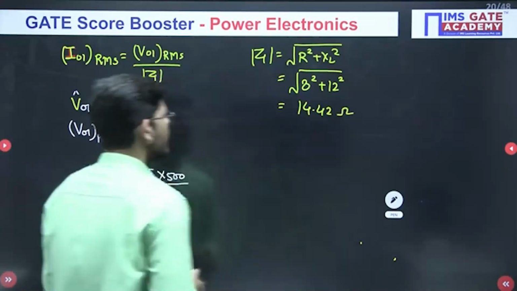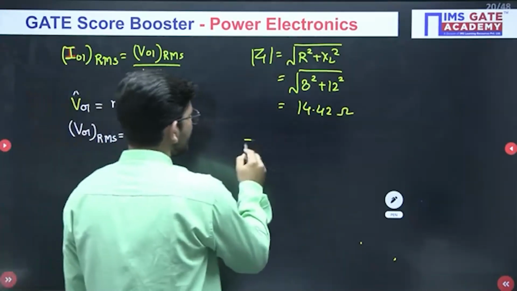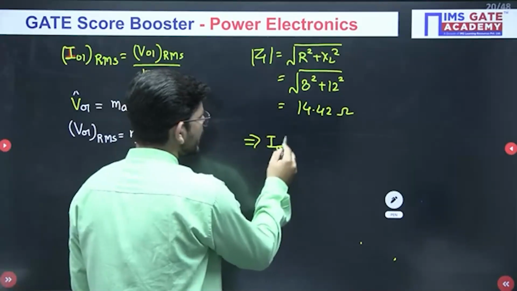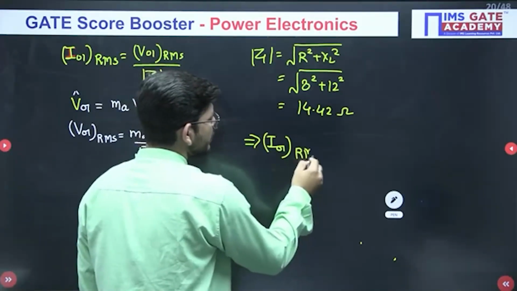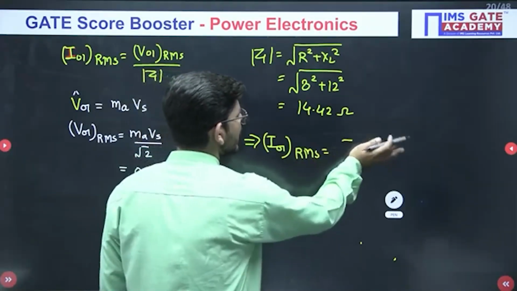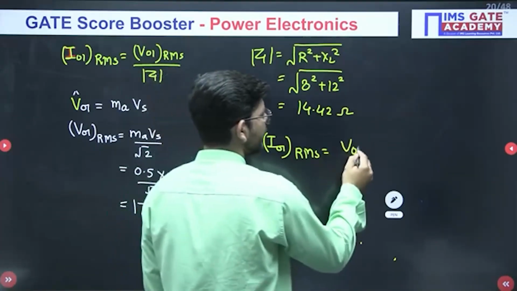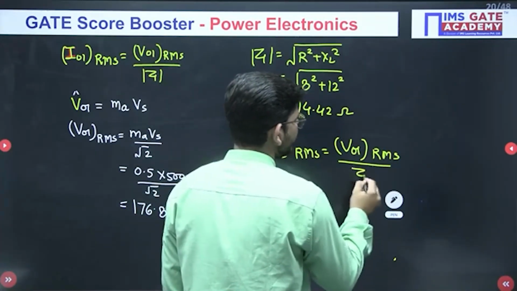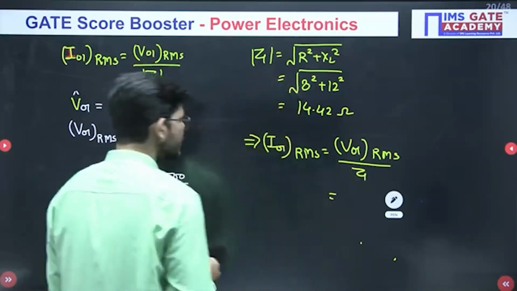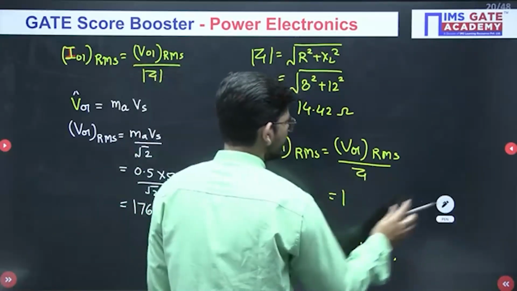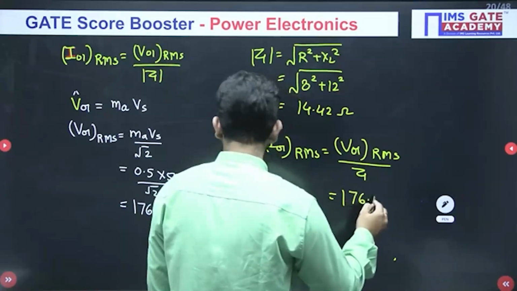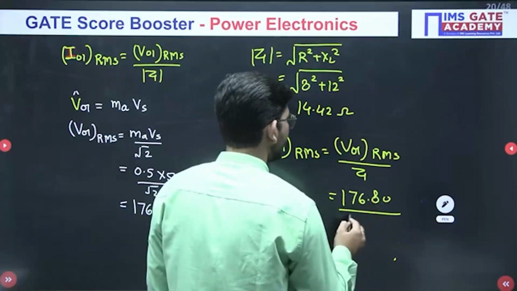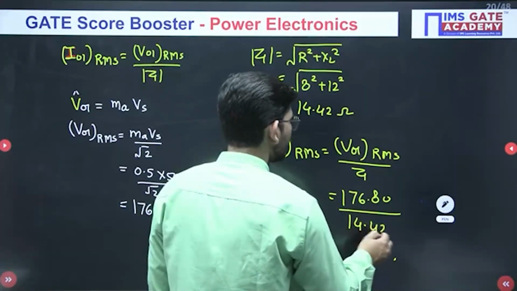Okay. So after that, when you will calculate the fundamental RMS component of current, which will be equal to fundamental RMS voltage divided by the impedance, it will be 176.80 divided by 14.42.